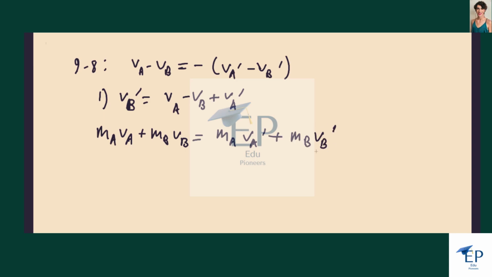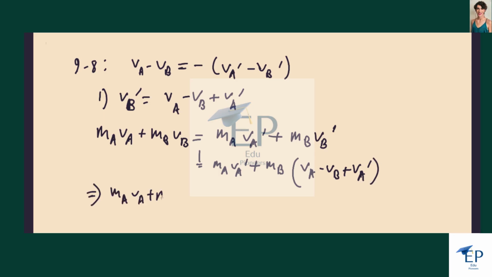And so this turns into MAVA prime plus MB times VB prime, which is VA minus VB plus VA prime. So what we have here is that MAVA plus MBVB is equal to MAVA prime plus MBVA, writing out all the terms here, minus MBVB plus MBVA prime.